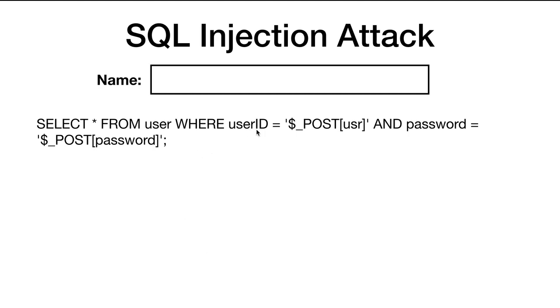So we're pulling out of the table all of the rows where the user ID in the table is what was entered in the form, and the password in the table is what was entered in the form, which you would expect would come back with only one row, and would only come back with that one row if the username and password were both correct.